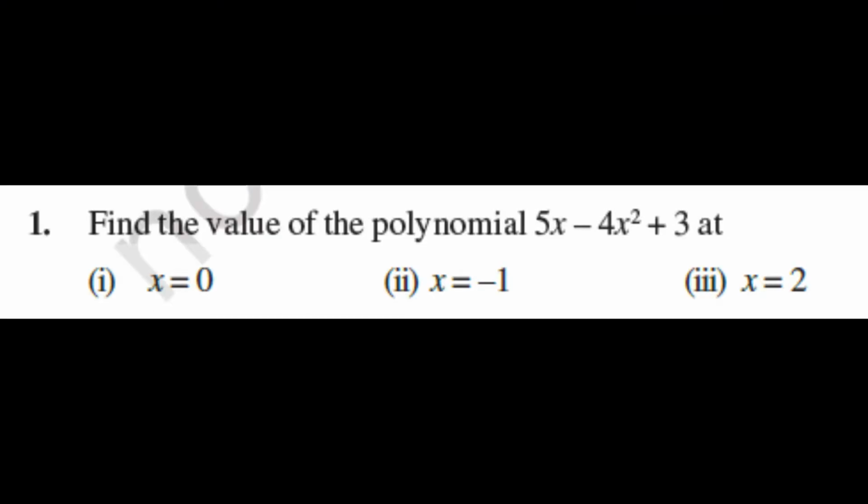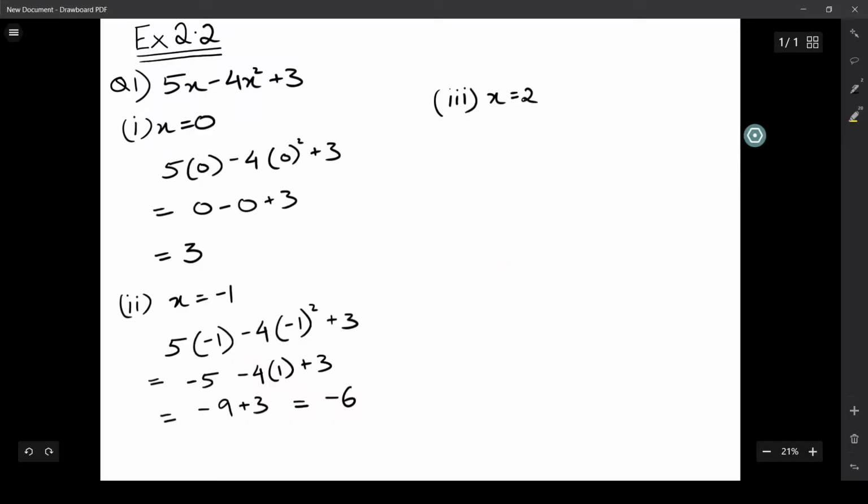The third part is asking us to find the value at x equal to 2. So replacing x with 2 in the above polynomial, we get 5 into 2 minus 4 into 2 square plus 3.